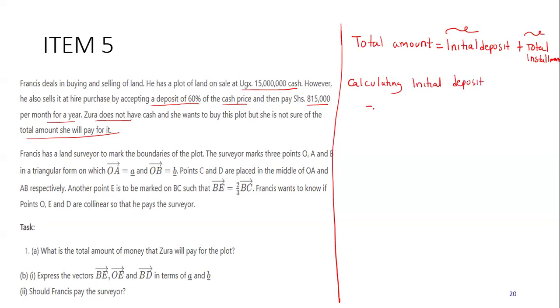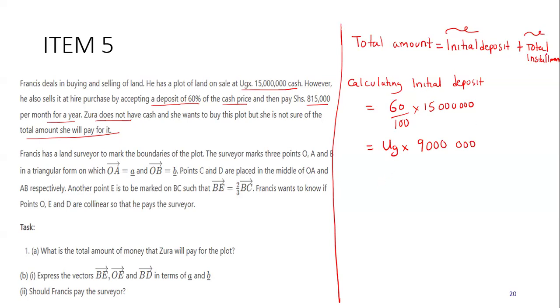The initial deposit was 60%, so 60% times the 15 million. You notice they use UGX, so stick to UGX. I'll say UGX, and then I make my multiplication. This one will give us 9 million. That is the first one.